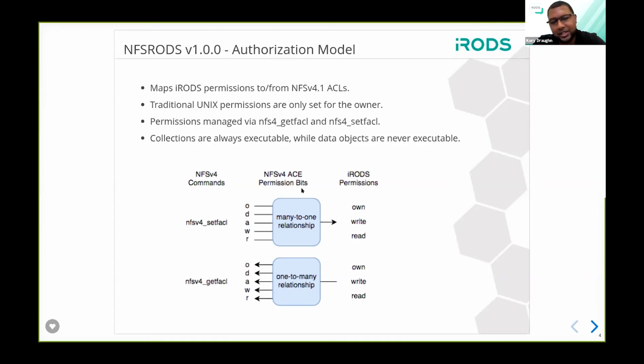So by making collections executable, we provide that same capability with NFSRODS. If you know the path, you can always get there. And following that, depending on your permissions, you may or may not be able to do things to collections and data objects.